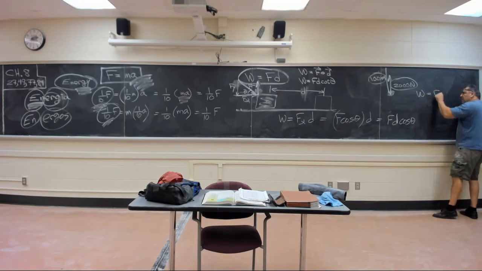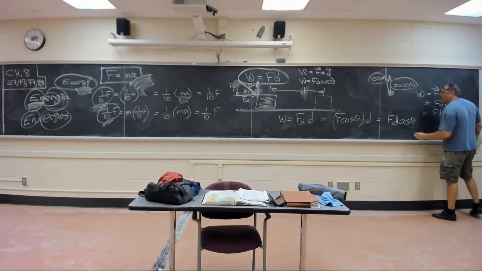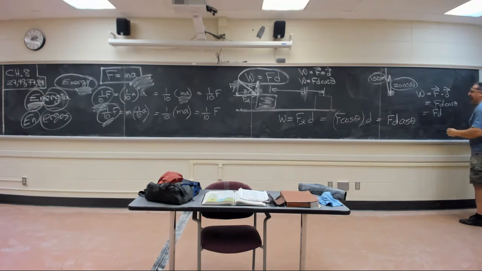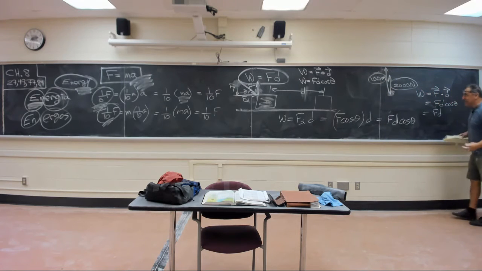Work equals force dot distance, we said, right? That's F d cosine theta. What's the angle theta between them? The angle theta between them is 0. They're right on. I walked it over to the side here so you could at least see it, but it's 0. The cosine of 0 degrees, ladies and gentlemen, is 1. It's just force times distance.